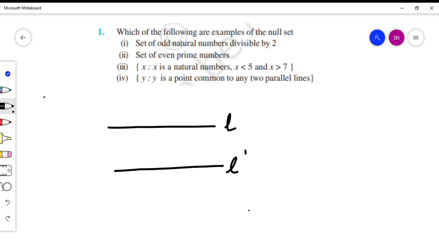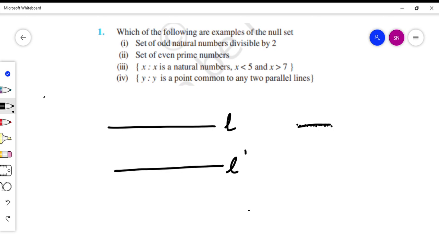How will I have any point in common? What do you mean by a point? Obviously I know that a straight line is formed by the locus of points. If I draw minute points one beside the other without much of a difference in distance, I see it in the form of a line. So this is nothing but my line.